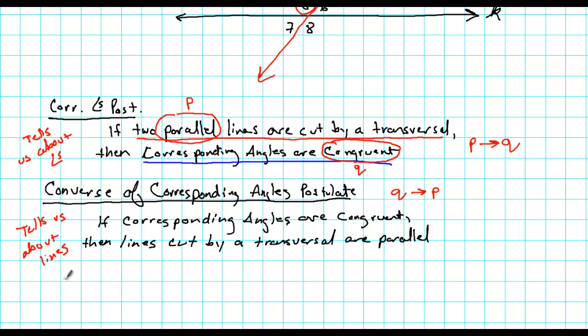So when we do our proofs, if part of our proof is to say that angles are congruent, it's going to be because of the corresponding angles postulate. But if our proof gives us some corresponding angles and we want to say that means the lines are parallel, then the reason in the proof is going to be the converse of the corresponding angles postulate.